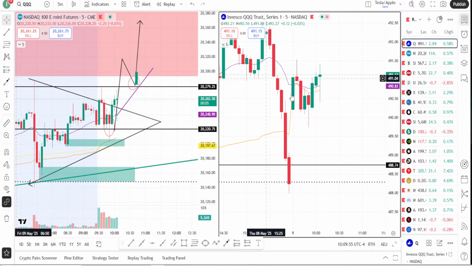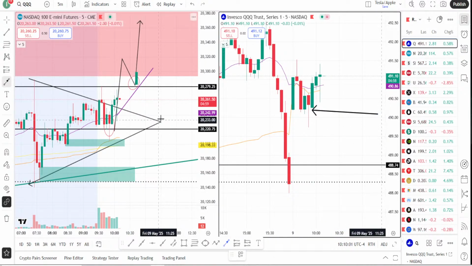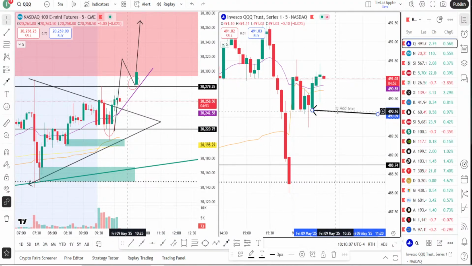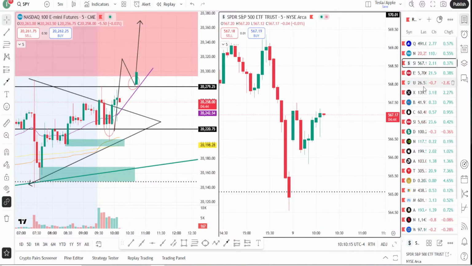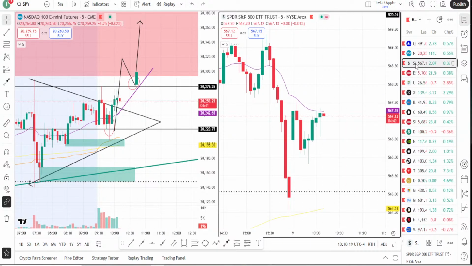So that's what I'm looking at here. We got a support right here on the NQ, and this is the same support here on the Nasdaq. So these two move alike. And the ES is the same thing as the S&P 500.